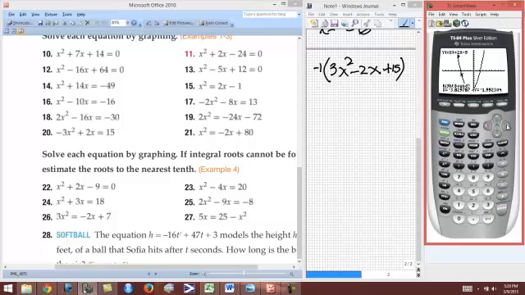Now I'm going to move it to the right. My y values are now negative. I'm going to go a little bit further. And so this x coordinate is clearly to the right of the 0 that I'm interested in computing. So I'm going to hit enter. So here is the interval on the x-axis within which the calculator will estimate as close as possible for a 0 y value.